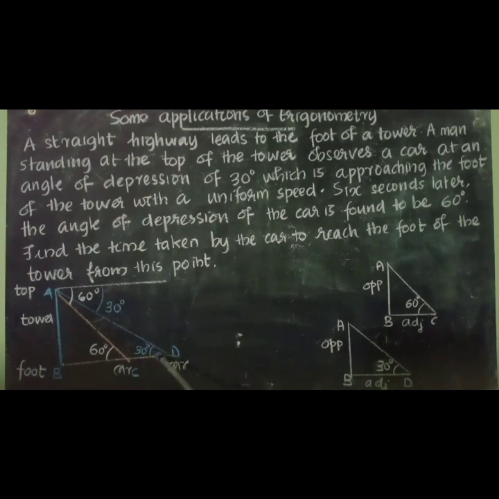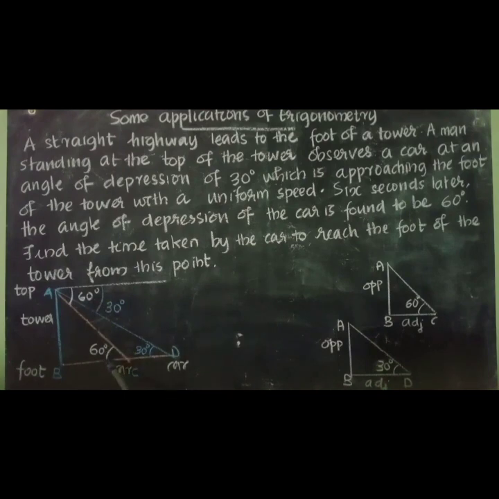So here we can mark the angle of elevation. It is also 30 degree. The car is approaching the foot of the tower. So after 6 seconds, the car reached here. Then the man who is standing at the top of the tower watching the car at an angle of depression of 60 degree.